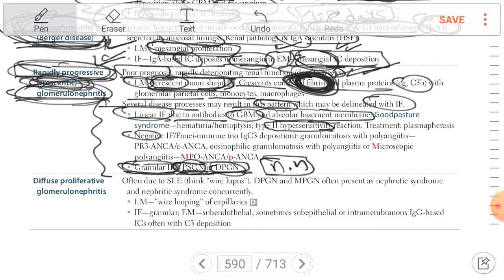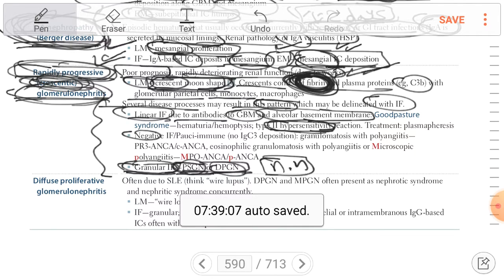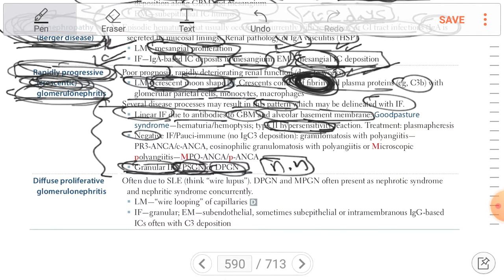In type 2, the antibody goes and attacks the antigen at its site: the glomerular basement membrane and alveolar basement membrane.